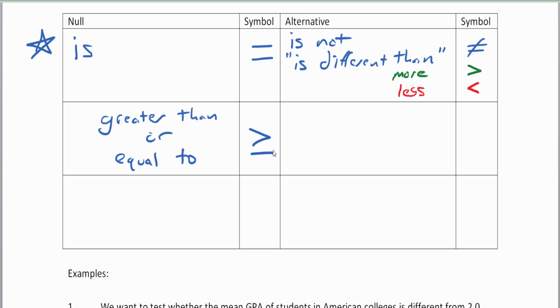And then someone says, oh, I don't think that's true. Then they would have to be less than. Because they're making a contrary position to your null hypothesis. Because you want your machines to produce over 1,000 per hour, greater than or equal to, and they're saying, nah, it's less than that.